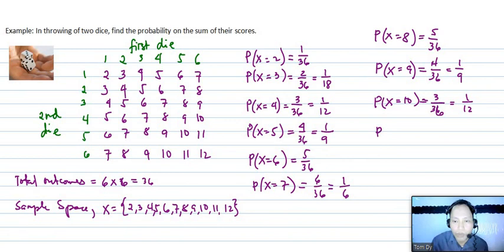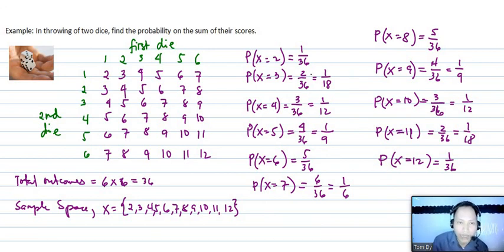And then the probability when x is equal to 11, we have 2 over 36, or 1 over 18. And then the probability when x is equal to 12 is 1 over 36. So these are the probabilities of the sum of their scores.